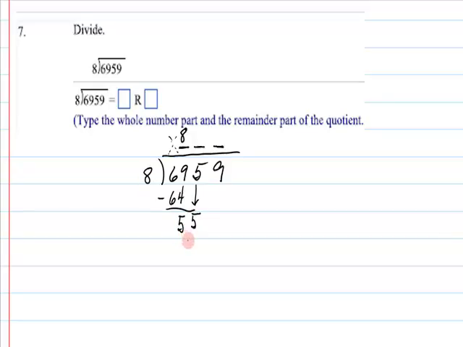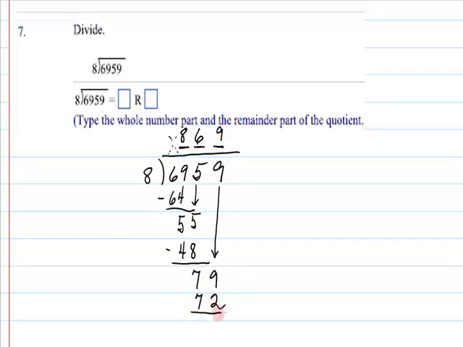Yes. Well, let's see. 7 times 8 is 56, so that's too big. So just a 6. 6 times 8 is 48. Subtract, and I get a 7, and I bring down one more number. 8 goes into 79. Well, it goes 9 times, which is 72.